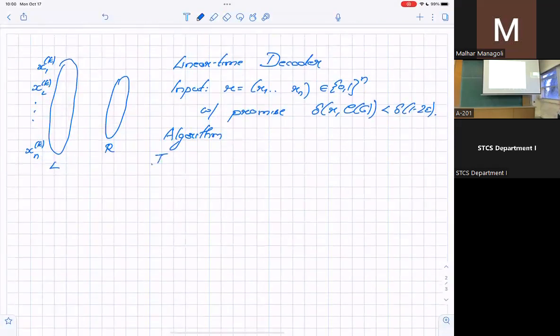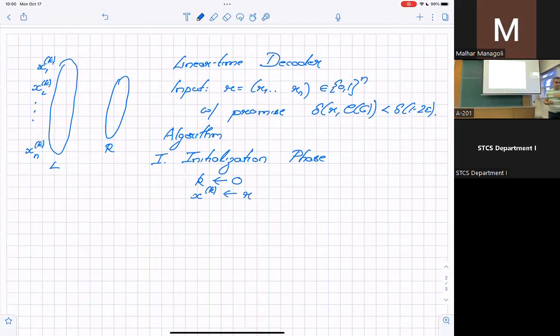And how does the algorithm work? There's first the initialization phase. We set k to 0, and set the initial string x_0 equal to the received word. Then for bookkeeping, we want to label each constraint on the right as being satisfied or not satisfied.